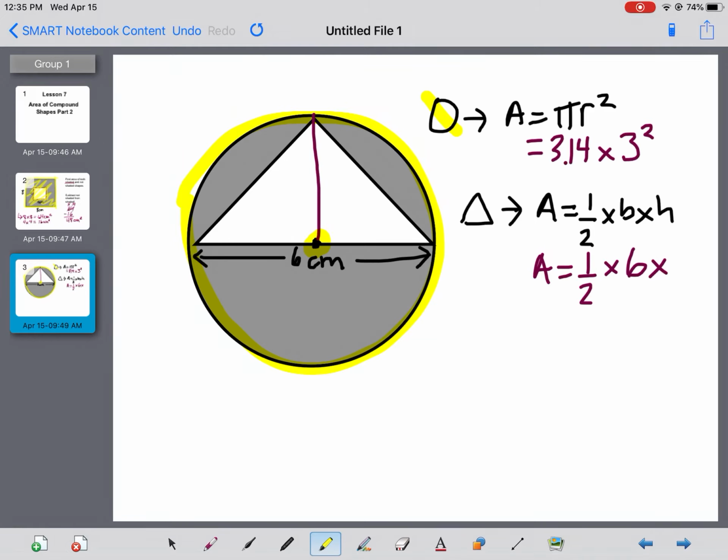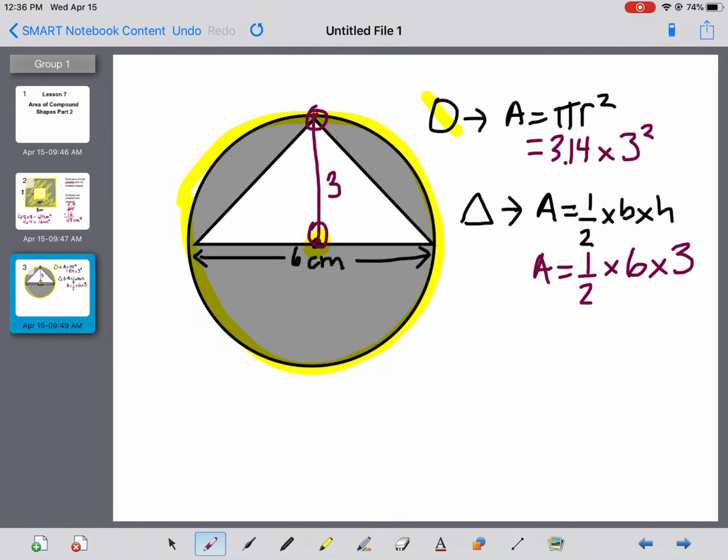You will notice that the center point of the circle matches up with the base of that triangle. So anytime you draw a line from a center point to the edge of a circle, that is a radius. Even though they didn't write this down, you can figure out that from the center point to the top, that's a radius, so you can assume that that is 3 centimeters.